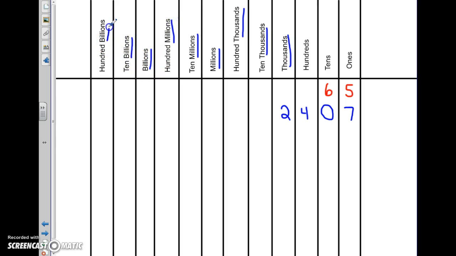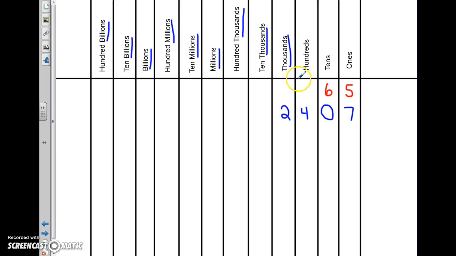So this family has no last name. We're real familiar with them: ones, tens, hundreds. But then we move over here and we've got 1,000s, 10,000s, 100,000s. This is the thousands house. And then this is 1 millions, 10 millions, 100 millions, the millions house, and then they've got the billions house over here.